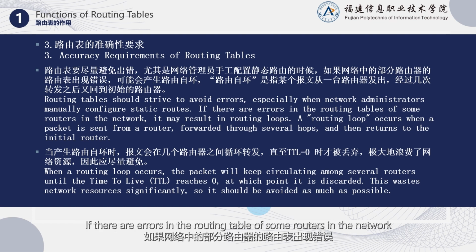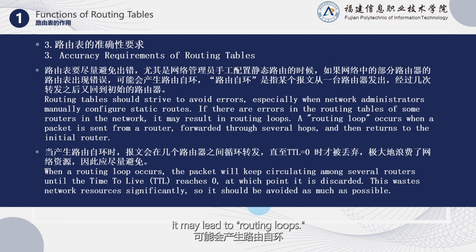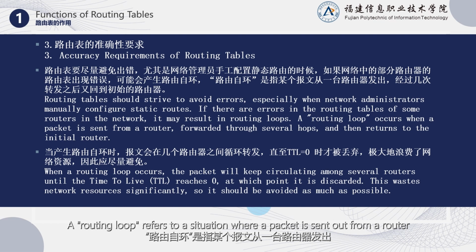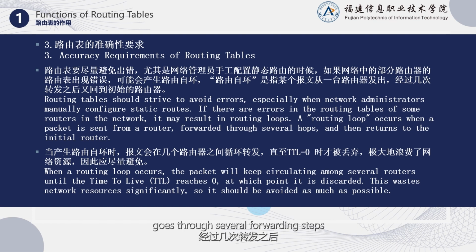The routing table should be carefully managed to avoid errors, especially when network administrators manually configure static routes. If there are errors in the routing table of some routers in the network, it may lead to routing loops. A routing loop refers to a situation where a packet is sent out from a router, goes through several forwarding steps, and then returns to the initial router.